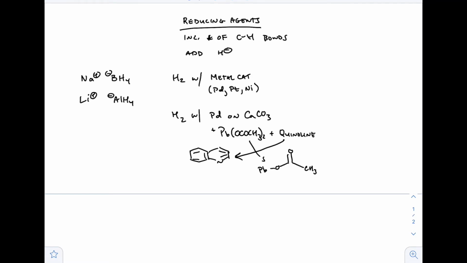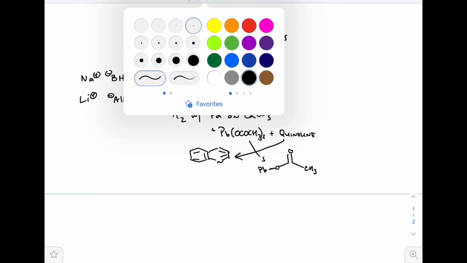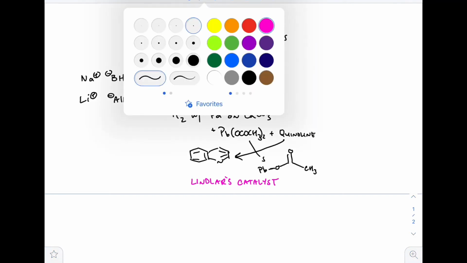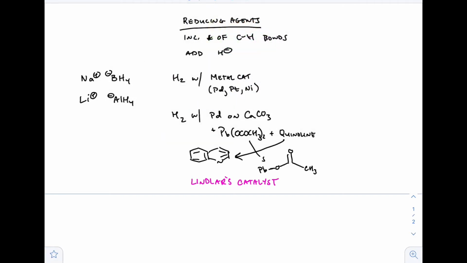Okay, and this is pretty much what that lead acetate would look like with 2 of them on there, except I just drew the one for you. Not super important that you know necessarily the structure, but it is important that you know it's called Lindlar's catalyst and that it is less reactive, and it's because it's quote unquote poisoned with lead acetate and quinoline.